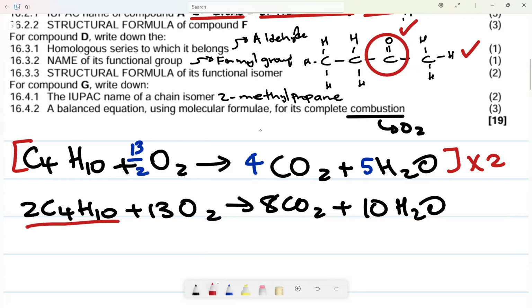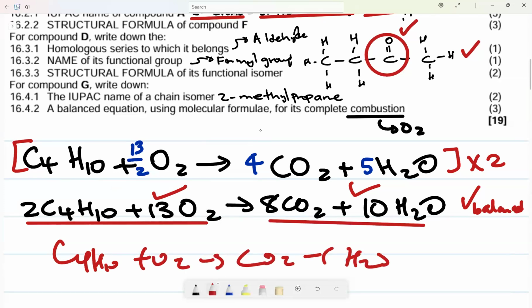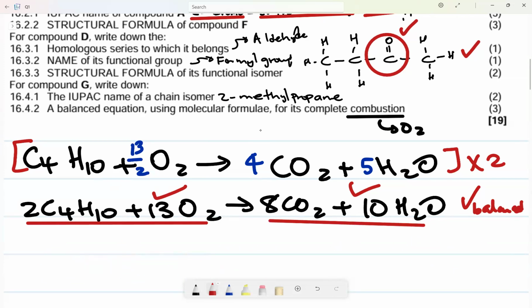First mark your reactants, then your products, then whether they are balanced or not. Having C4H10 plus O2 is a mark. Products having CO2 and H2O is a mark. The last mark is when it is balanced. So if you do not know how to balance this, you have 2 marks, it's fine. You can just write C4H10 plus O2 forming carbon dioxide plus water. You lose that 1 mark if you do not know how to balance.